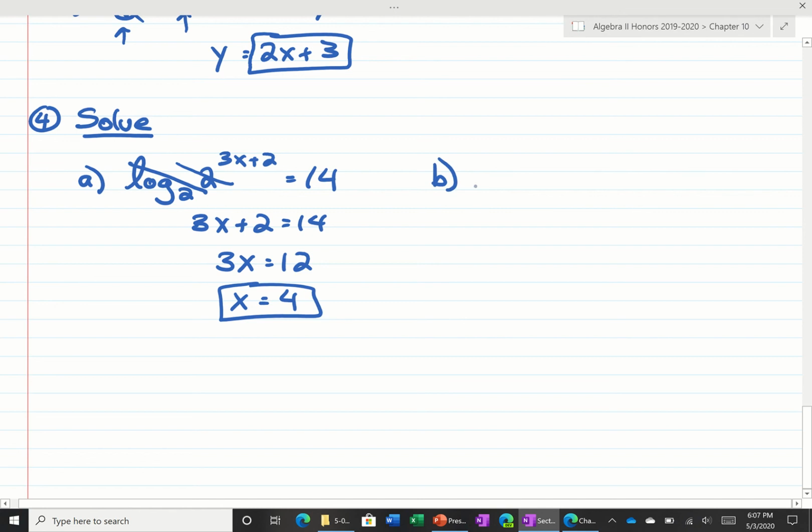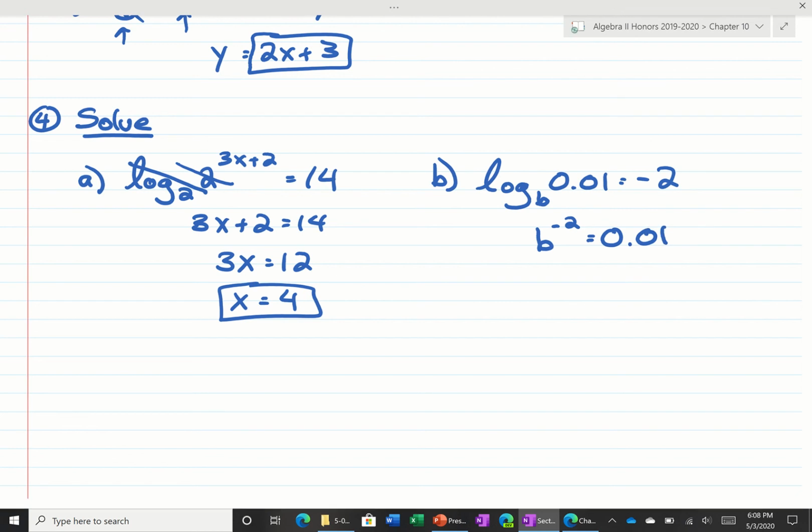How about a problem like this, where it's log base b of 0.01 is equal to negative 2. Well, this we could rewrite as b to the negative 2 power is equal to 0.01. And one thing that you'll recognize with logs is that logs and fractions go well together.